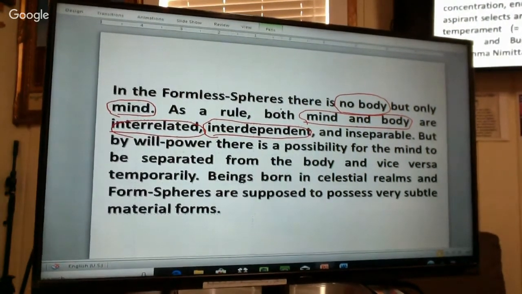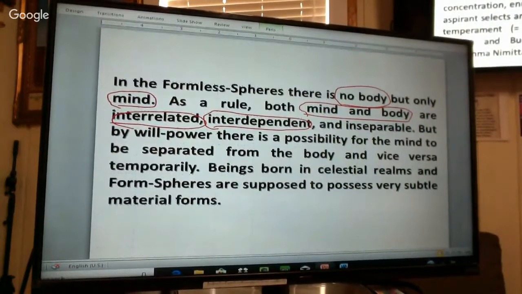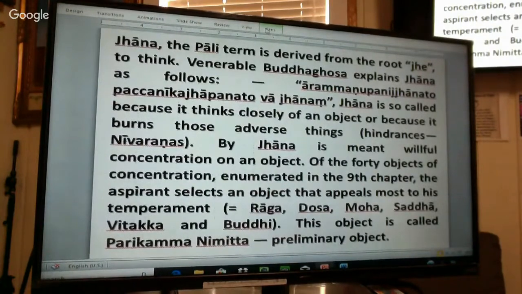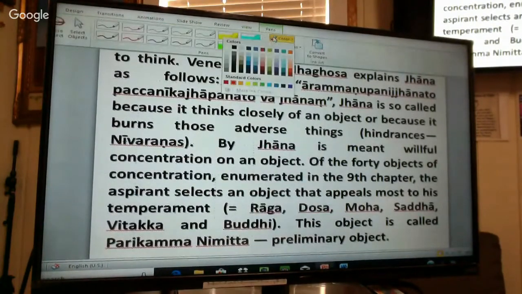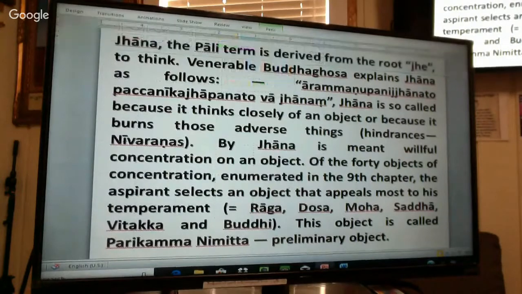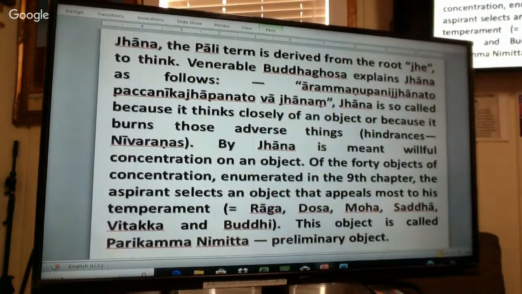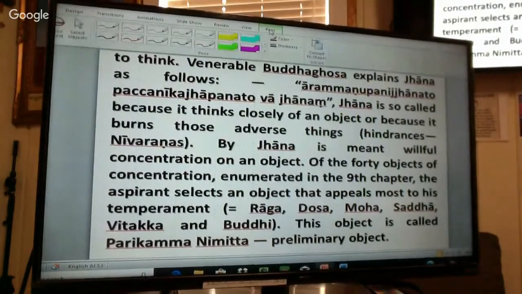Okay, so next I would like to explain the jhana, because today's form sphere consciousness has different kinds of jhana. So what is jhana? Maybe you want to ask, what is jhana? That's why I'm explaining here.